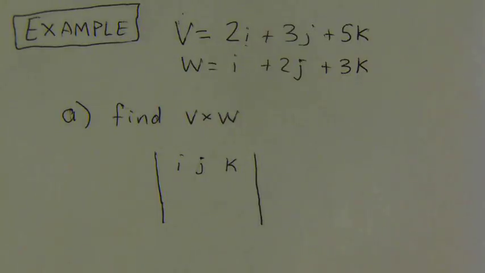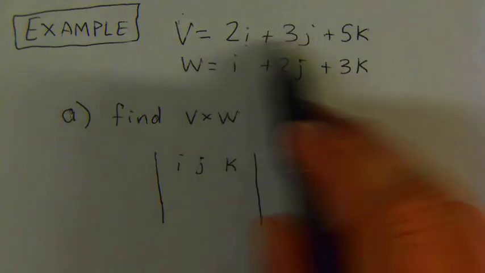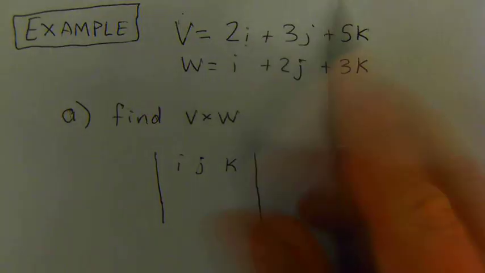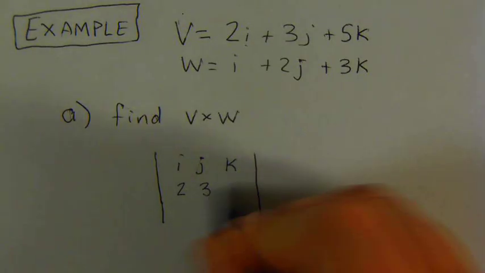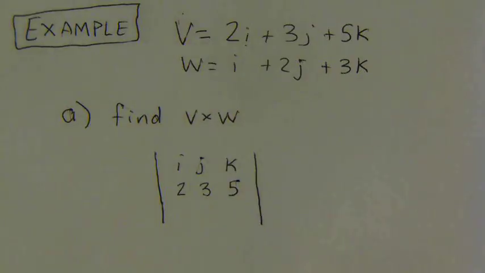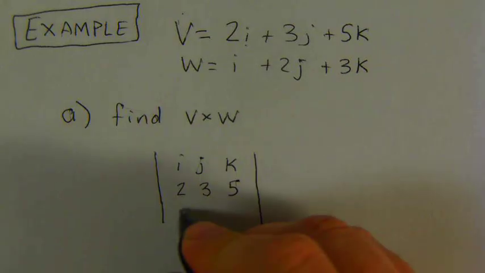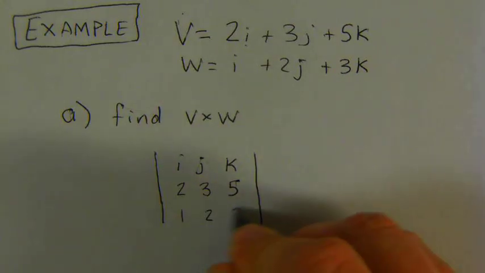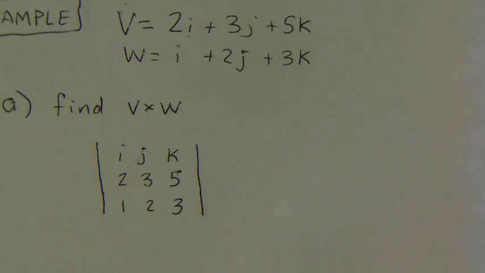In the next row, we're going to put the coefficients of the first vector, 2, 3, 5. And on the bottom, the coefficients of the other vector, 1, 2, 3.